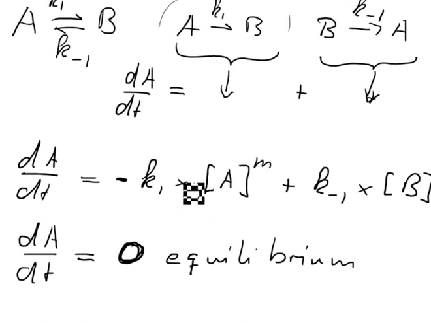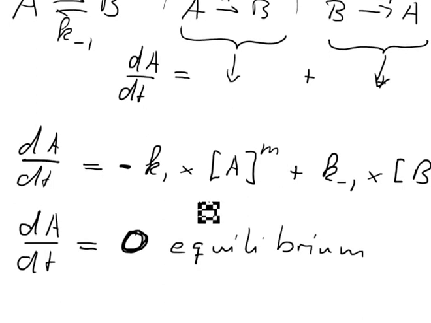So how can we express the equilibrium? Well, we can simply say 0 equals minus K1 times A to the power of M plus B to the power of N times K minus 1.